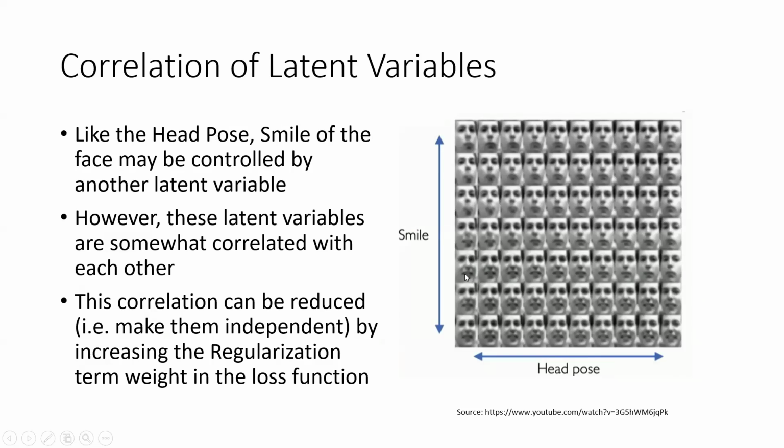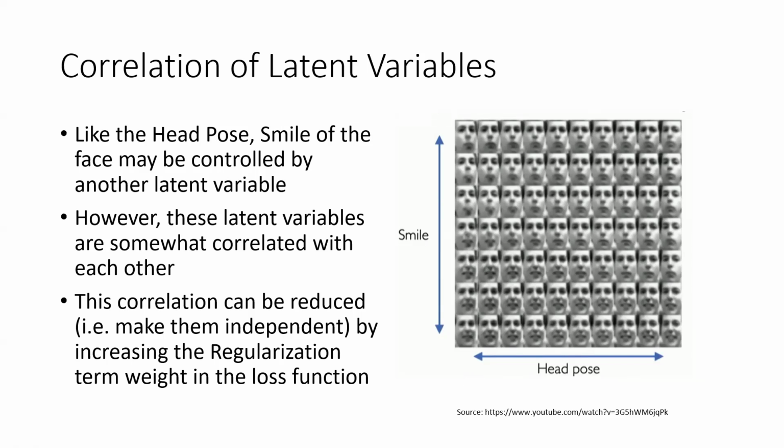Here the smile is very high, but when the head pose is changed, the smile is reduced, right? That means these latent variables are not that independent, because the head pose is not independent from the smile. When you change the head pose, you can see the smile is also getting changed, right?